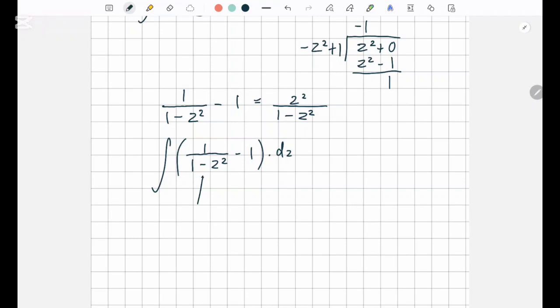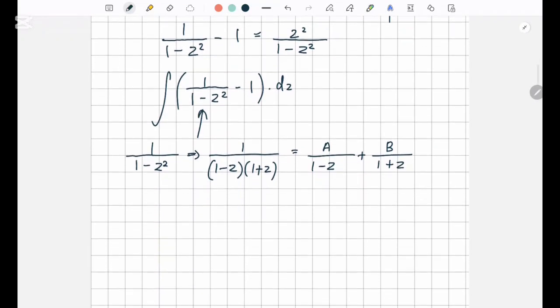So now we can break this fraction down into partial fractions. So 1 over 1 minus z squared, you can write it as 1 over 1 minus z into 1 plus z. This equals a over 1 minus z plus b over 1 plus z. So then 1 equals a into 1 plus z plus b into 1 minus z.